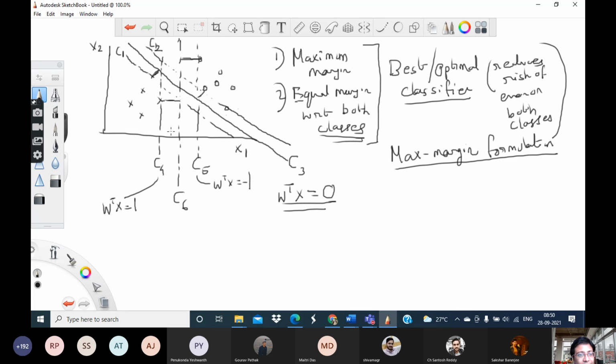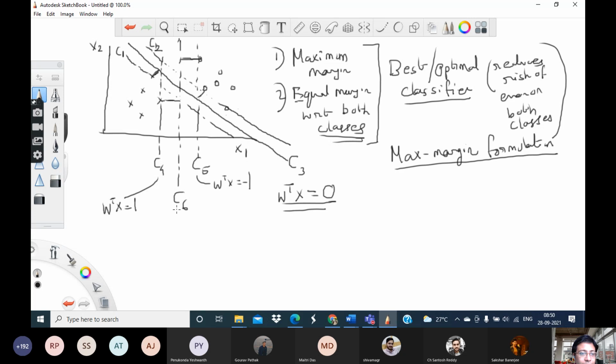That is to say, if the distance between these two classes is such that you cannot find marginal classifiers satisfying these two equations, one equal to 1 and the other equal to -1, then you basically have to scale the data points such that this happens.